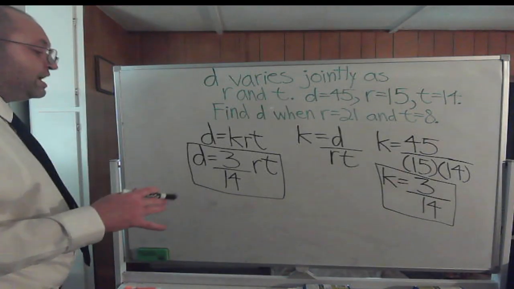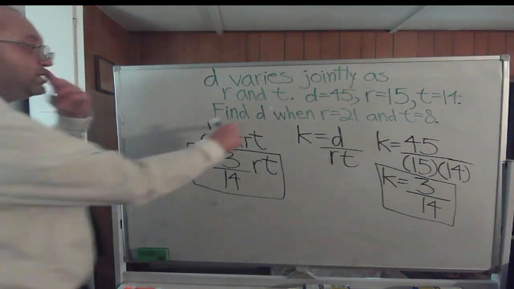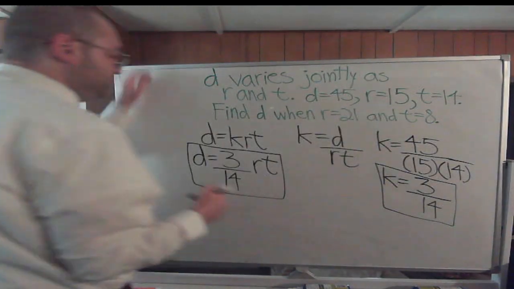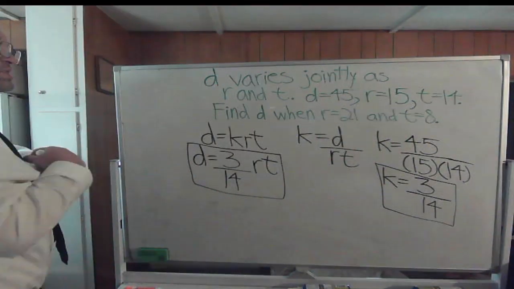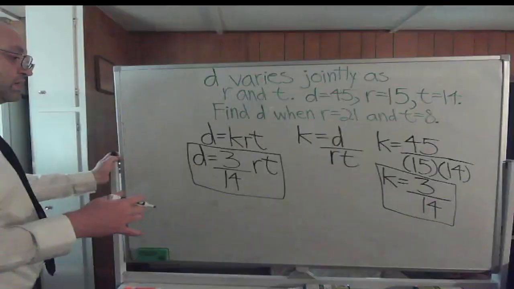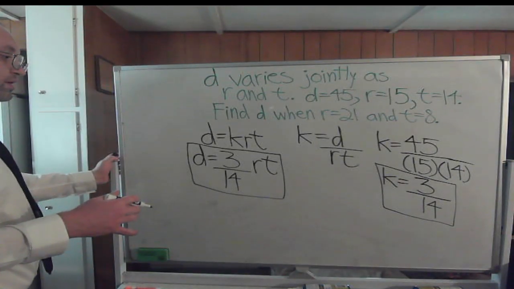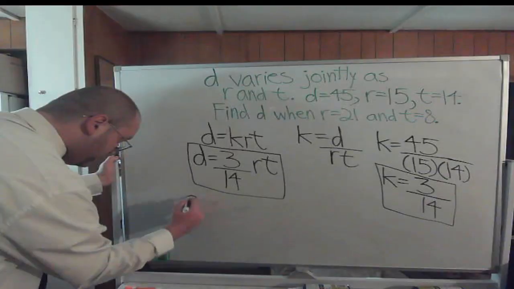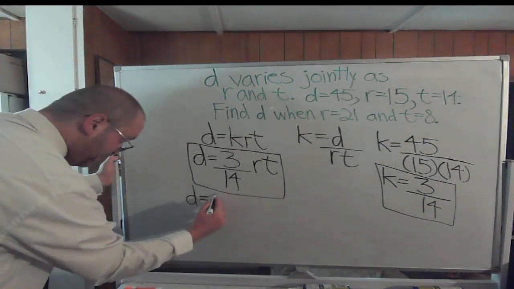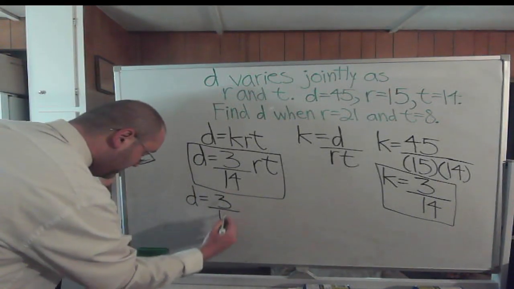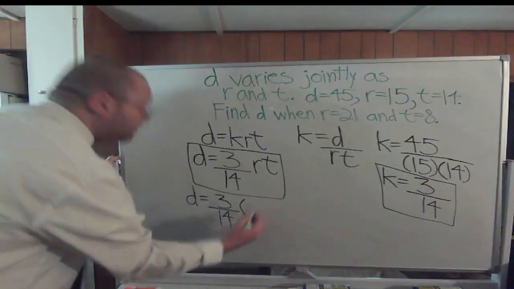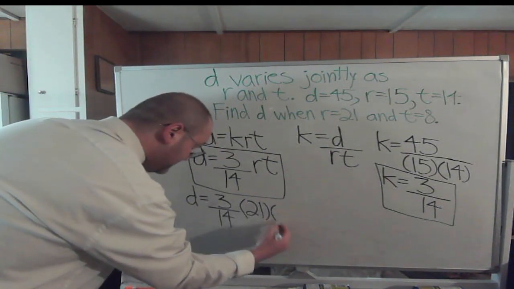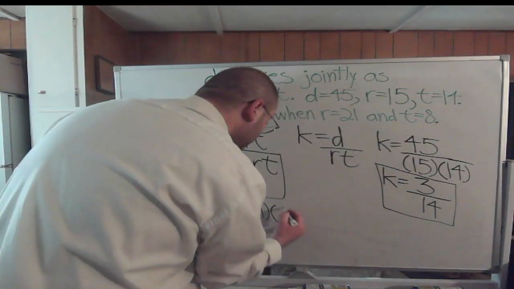Now, last but not least, we have this final piece of the problem. Find D when R equals 21 and T equals 8. So what we're going to do here is, of course, solve for D. You'll have D equals that 3/14 times the R that you're given of 21 times the T that you're given of 8.